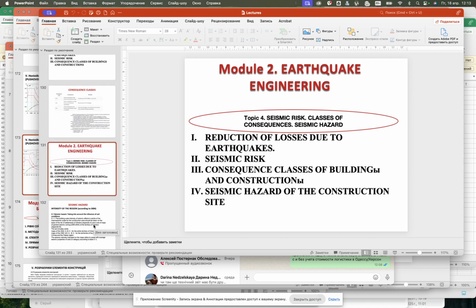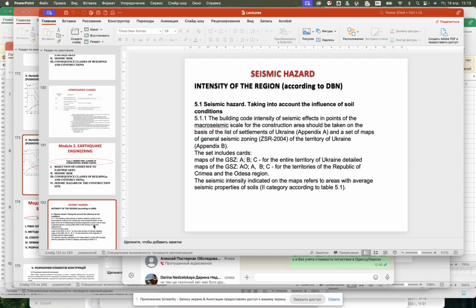ways of definition of seismic hazard, and we know that definition of seismic hazard consists of two main parts. The first part is to define the seismic hazard of the region, and the second step is to define the seismic hazard of the exact construction site within the region that we have analyzed previously.